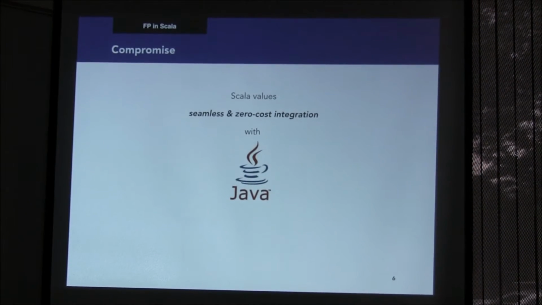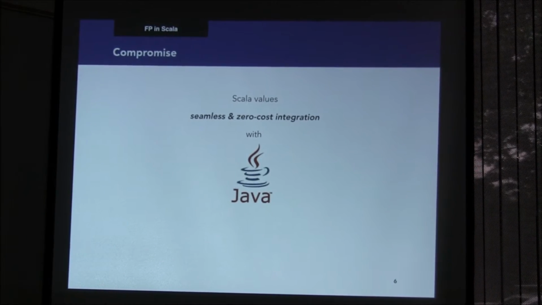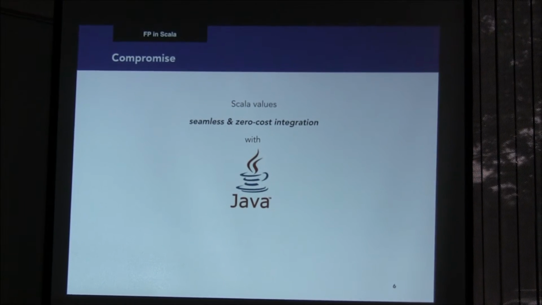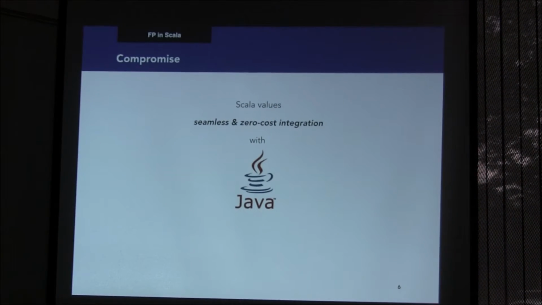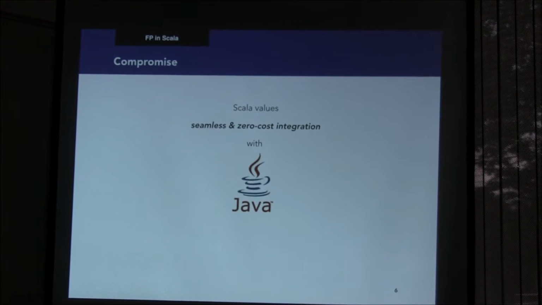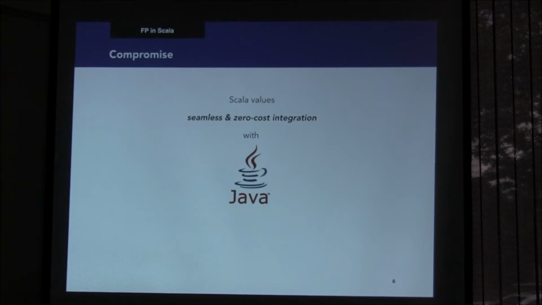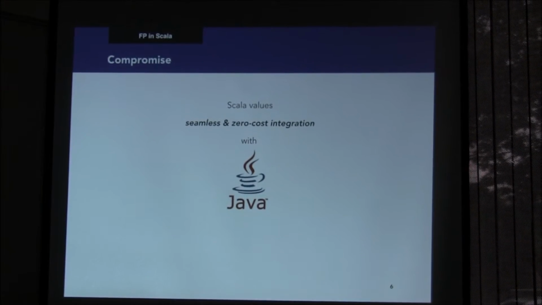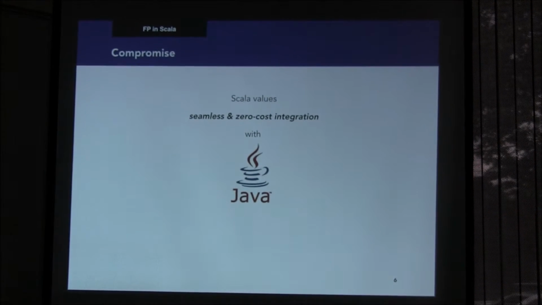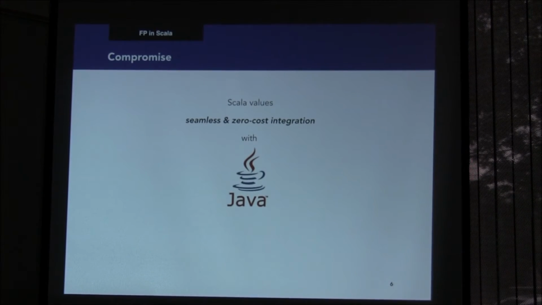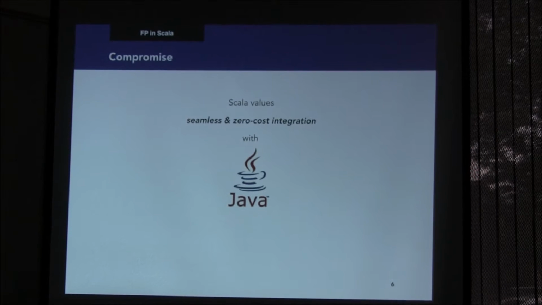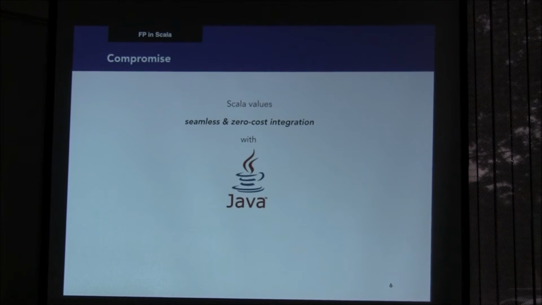The compromise with this, and this really is the crux of all of Scala's power and all of Scala's downfall, is that it really values, above almost everything else, a seamless and zero-cost integration with Java. You can actually manually transform Java code into Scala.